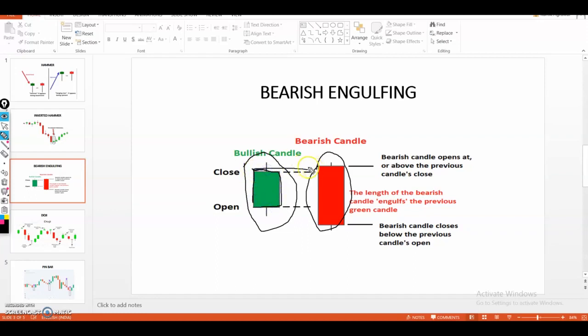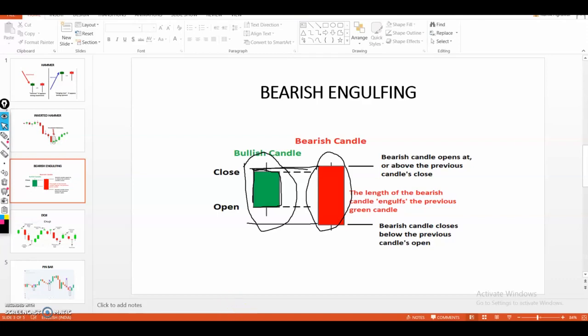It should engulf the previous candle completely, right? So friends, let me show you the example.